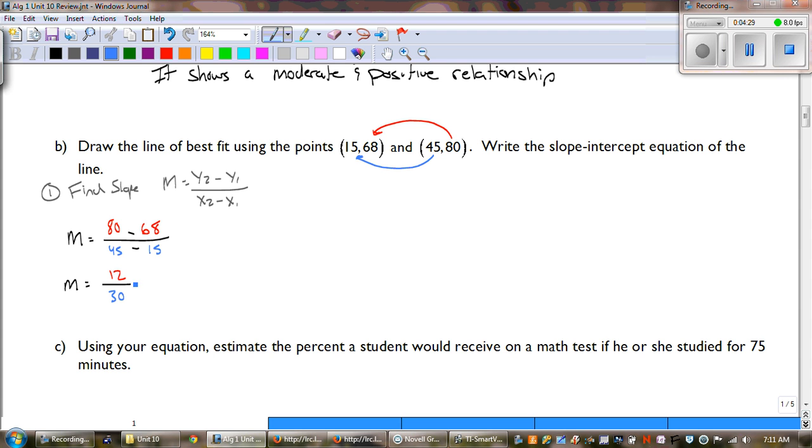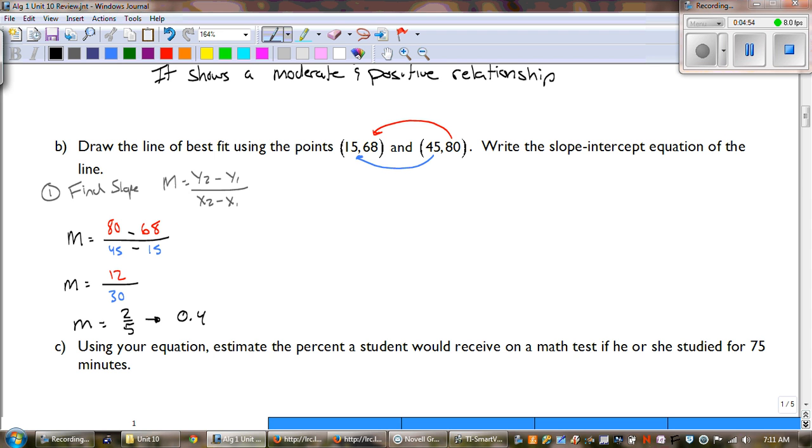Now, we can reduce the fraction, that's fine, and say that that is 2 over 5. But when we're working with statistics and stuff like this, we don't have to have the fraction. It's good to have the decimal. Okay, so the decimal for this would be 0.4.